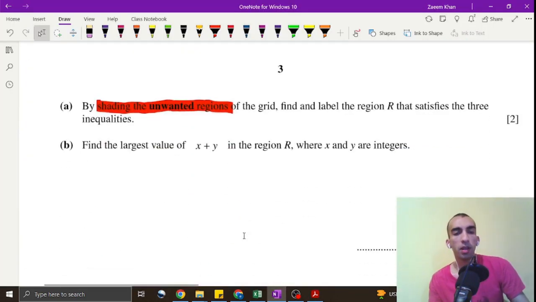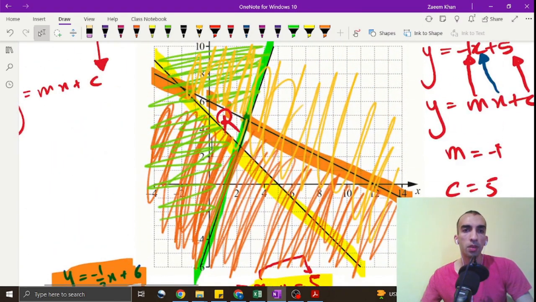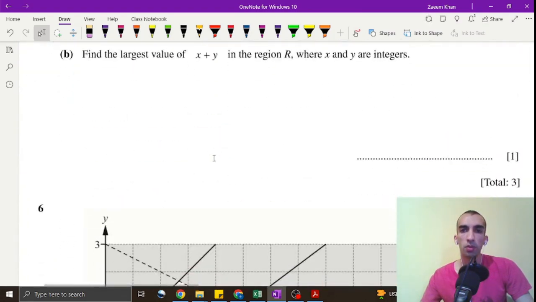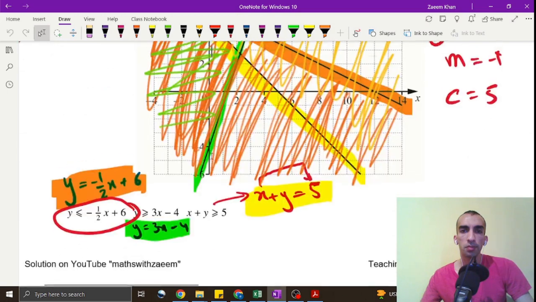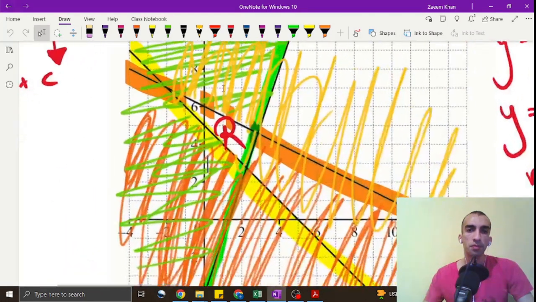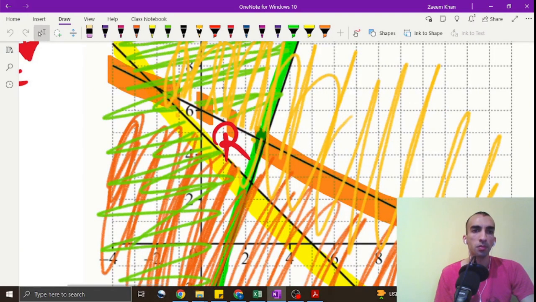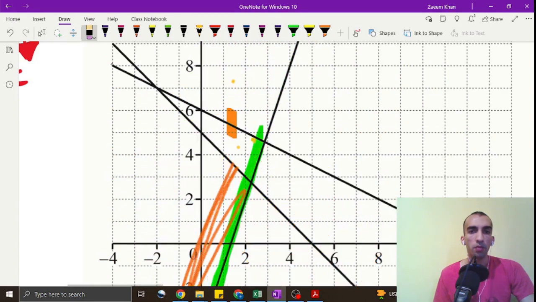Find the largest value of x plus y in the region R where x and y are integers. What is x and y referring to? X simply refers to the x coordinate, y refers to the y coordinate.